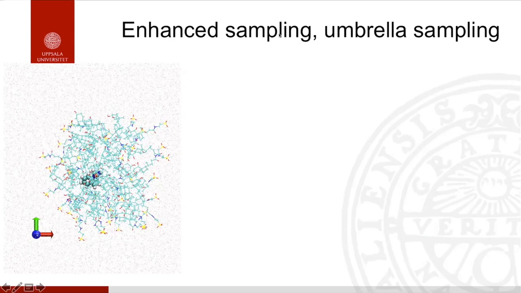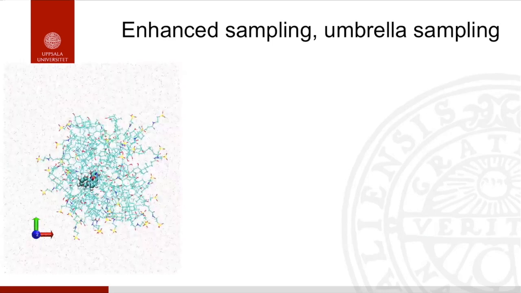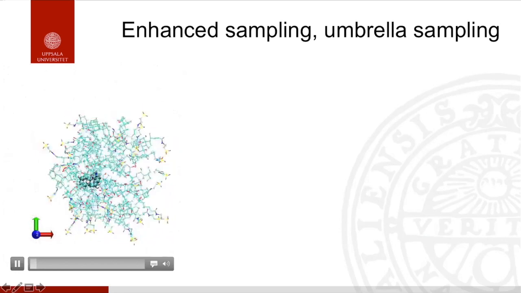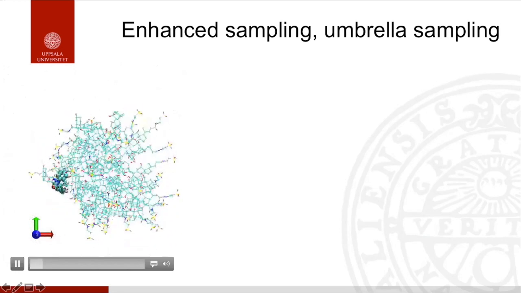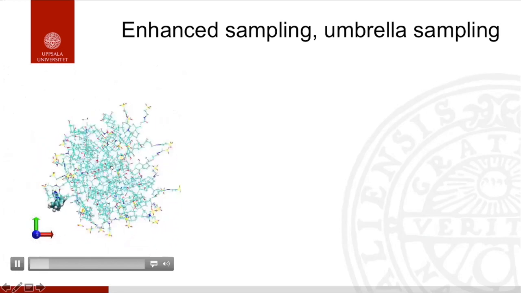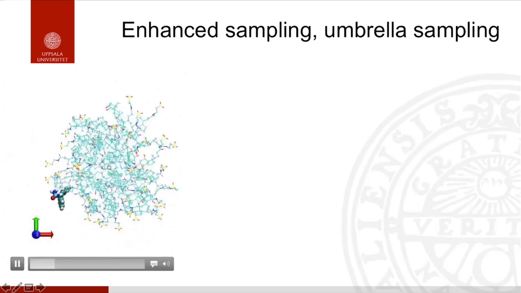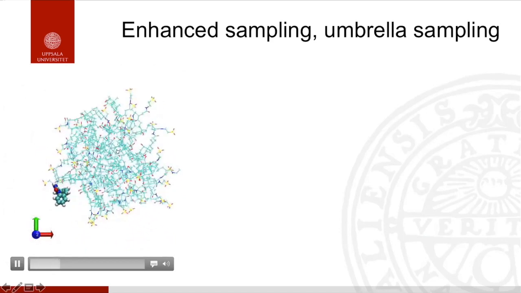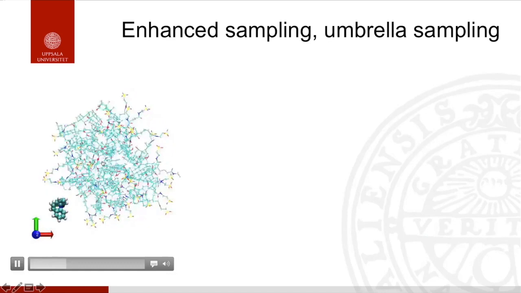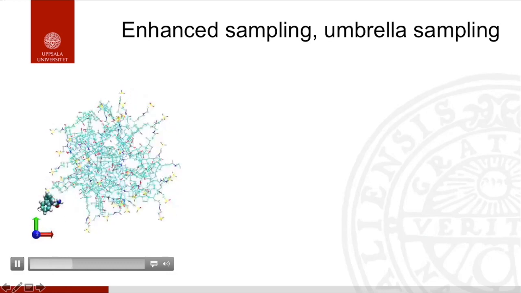So we fix some of the degrees of freedom of that system to collect statistics in that space, because otherwise we will just have some pieces that don't give us the entire picture, don't give us the free energy profile. And if we want to pull the hydrophobic molecule away from the micelle, we would first need to have an equilibrated system with the molecule in the center of the micelle, and then we start pulling it away.